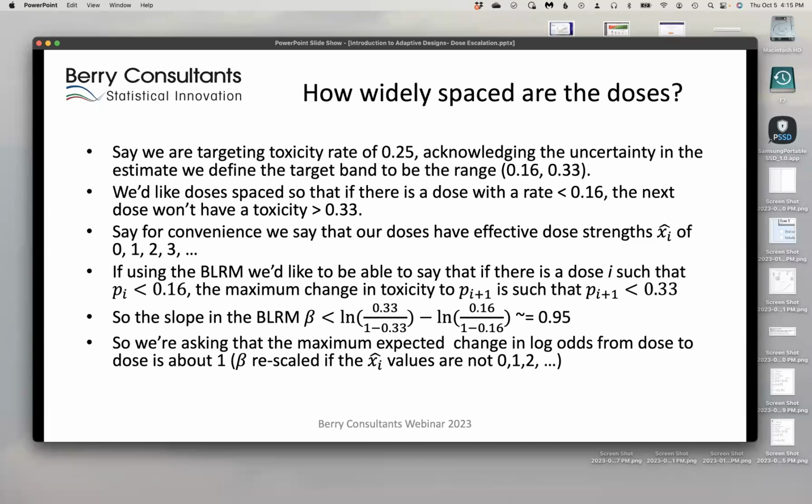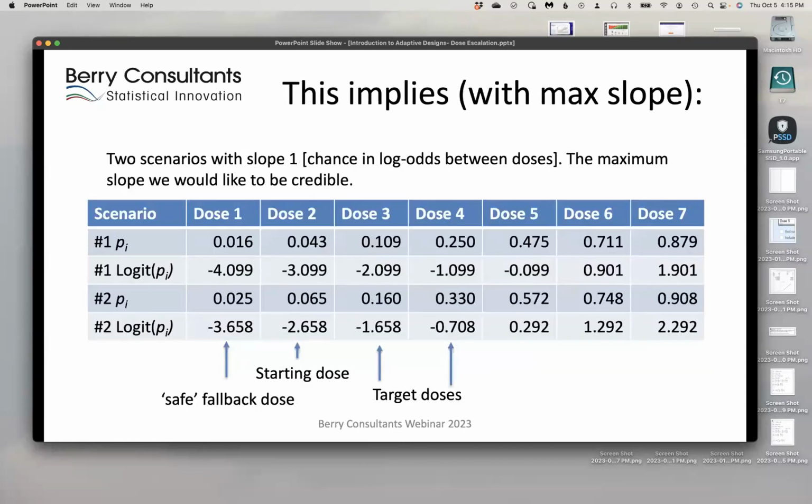So if we say that the maximum slope, we've asked the team to ensure that the doses are sufficiently closely spaced, that the maximum slope we would see is 1 in the log odds, then that might mean that if we pick, say, dose 4 as our target as an example, that gives us a log odds for our target of 0.25, a log odds of just below -1.